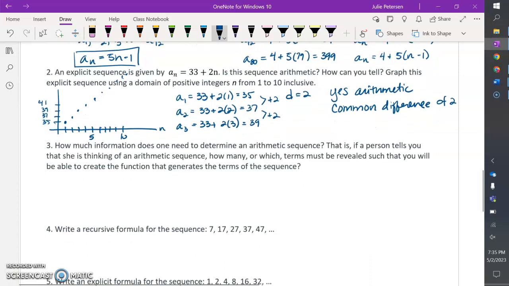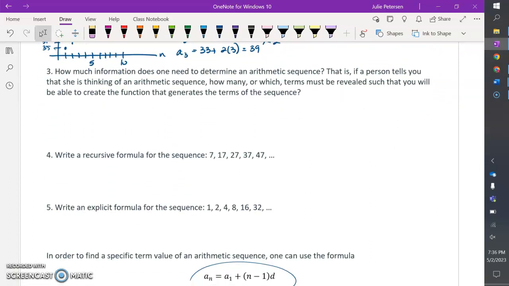Let's think about how much information you would need to be able to find a formula to represent an arithmetic sequence. So, for example, if someone tells you they're thinking about an arithmetic sequence, how many or which terms must be revealed so that you'd be able to create a function that would represent the terms of that sequence? So kind of like when we were dealing with linear functions, we can have 2 combinations of things.